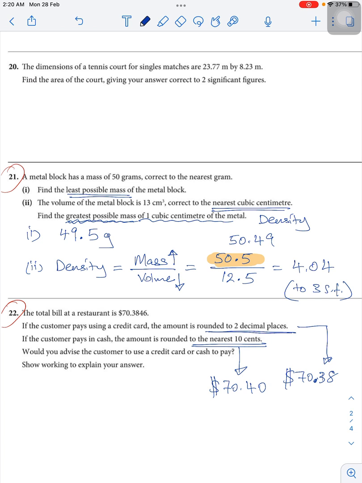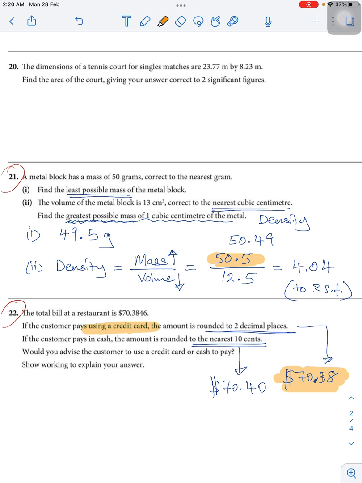Okay, so which one would you choose in this case? Since this is the cheaper option, we will choose this, which is your credit card. Okay, it's obviously 2 cents lower.